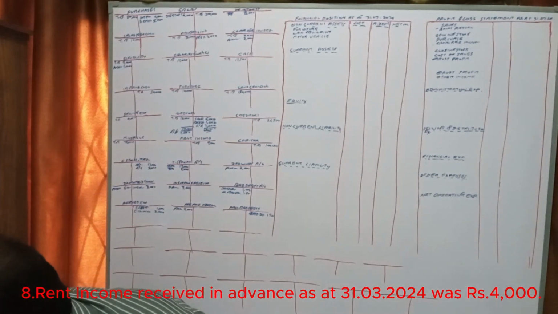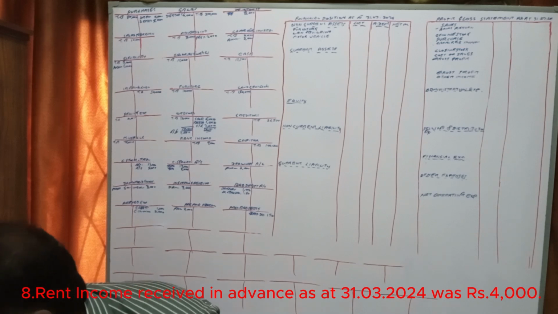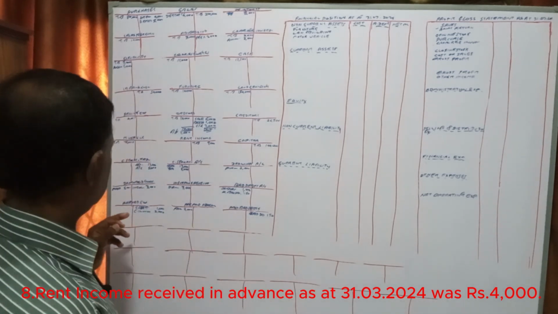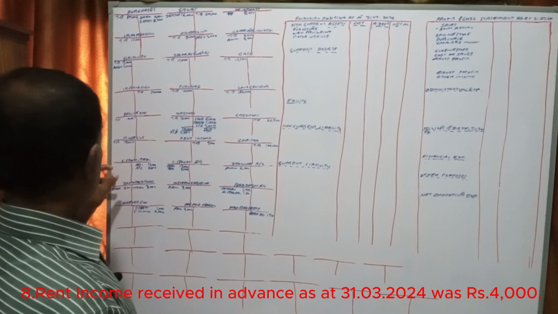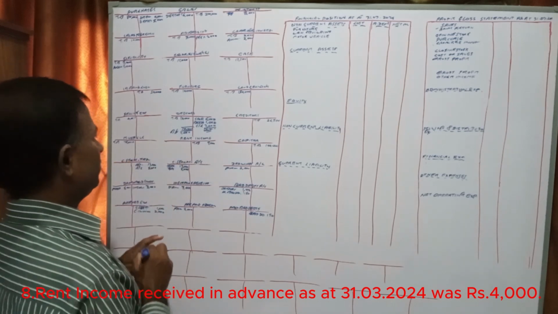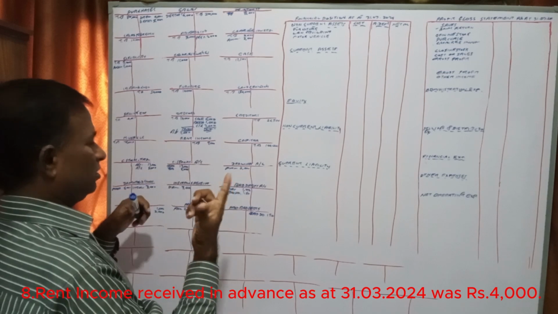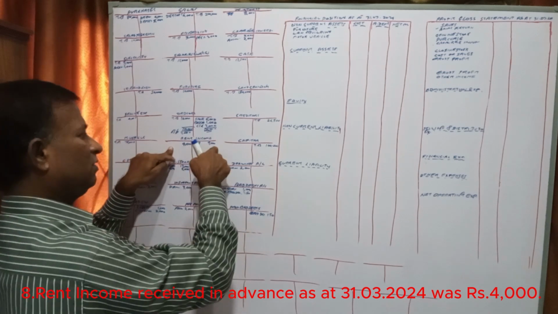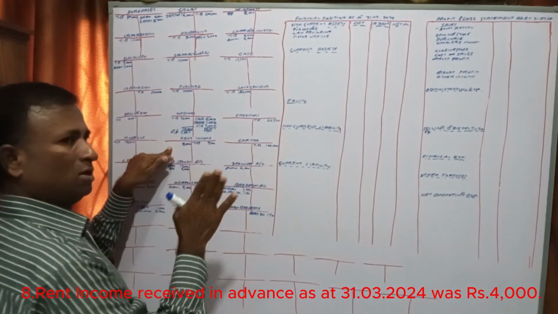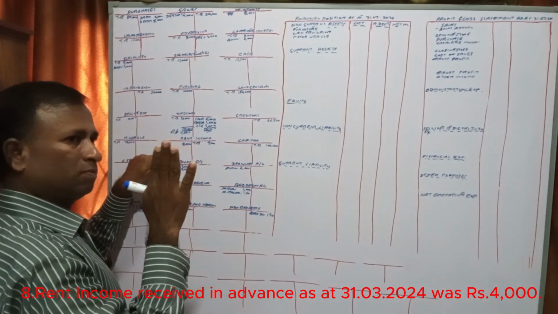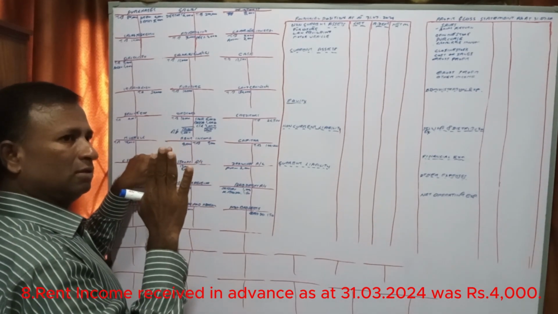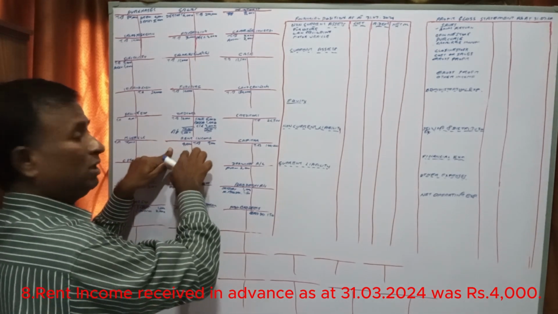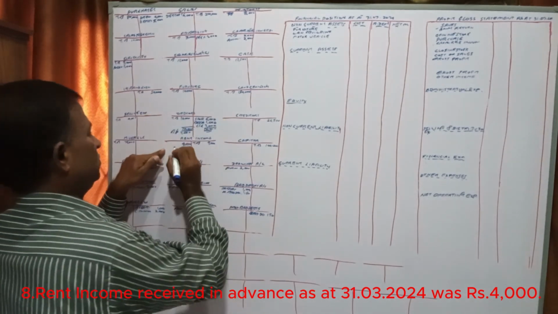Okay. Rent income received in advance as at 31st March 24 was 4000. Where is the rental income? The rent income is 9000. Out of 9000 we have received 4000 in advance for the next year. We have to remove it, because the accrual policy says whatever income is relevant to the current year is shown in the current year only. 4000 is relevant to the next financial year, so we are eliminating that.